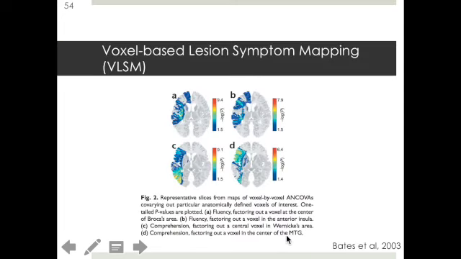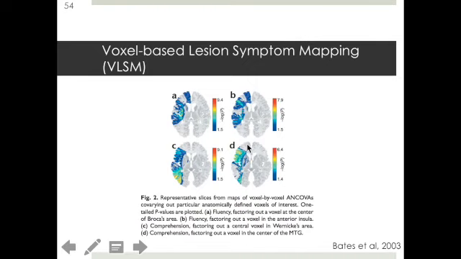Now, what you could do then is color code the brain for the proportion of your patients who have lesion damage in each voxel. Right, so that's a voxel-based mapping between lesions and symptoms. For every voxel in the brain, you're color coding it by the proportion of your patients who have damage in that voxel. And then you can relate that map to symptoms.